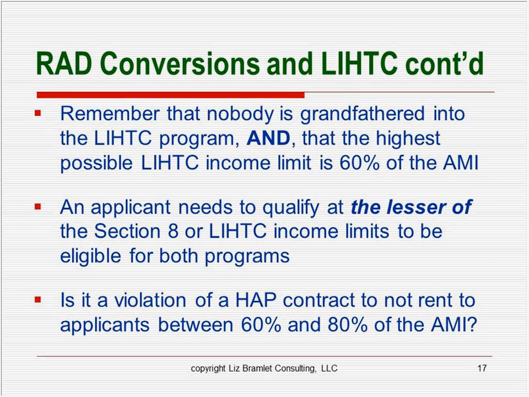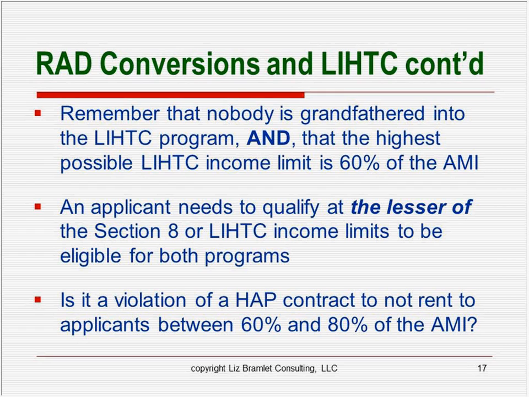And a question that I raise all the time that I've yet to get an answer to is, for blended units, you're not going to rent to anybody above 60% of the AMI because you need them to tax credit qualify. So even though the HAP contract says that they can qualify up to 80% of the AMI, you don't take anybody above 60% of the AMI for the blended units.